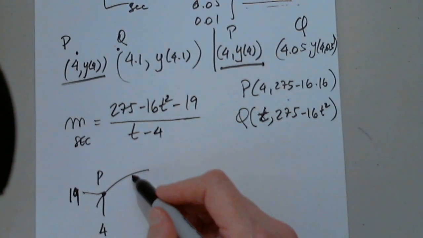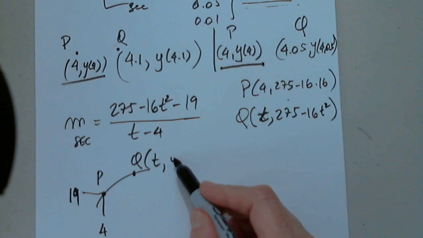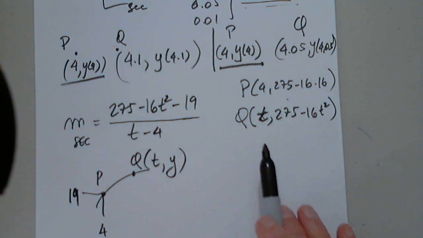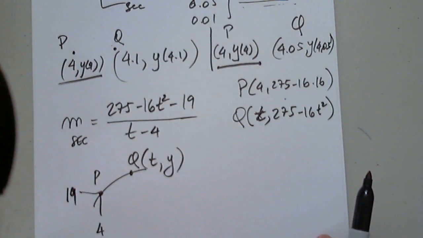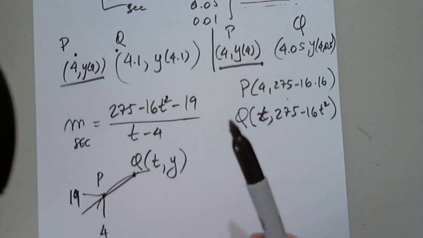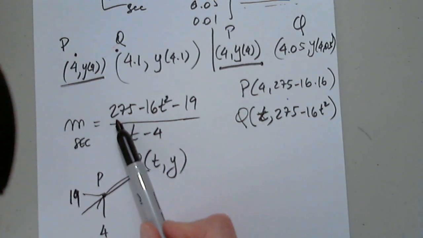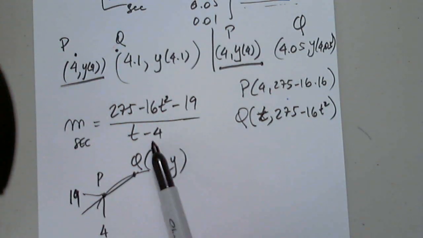Yeah. Okay, and we have Q here, which has coordinates t, comma y. And I'm just determining the slope of this line: y minus 19 over t minus 4.